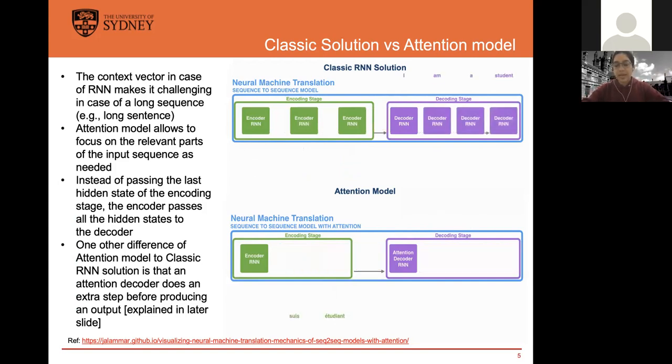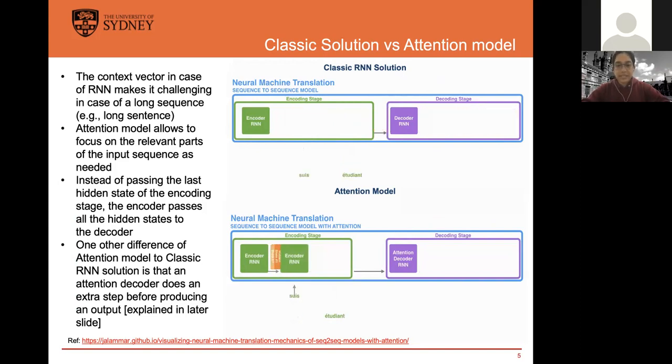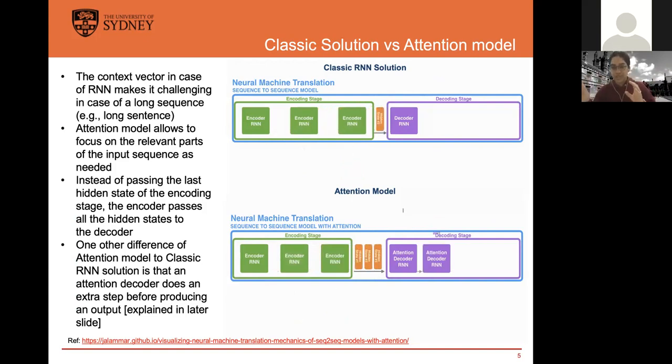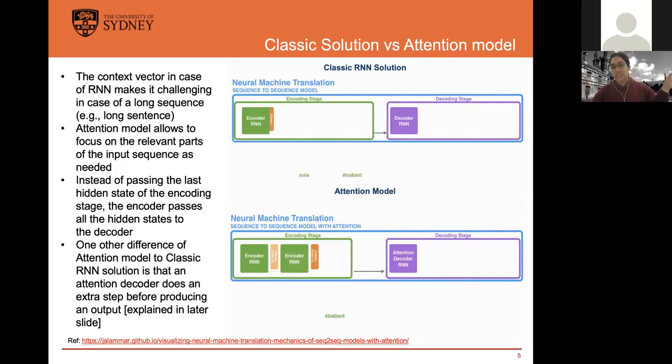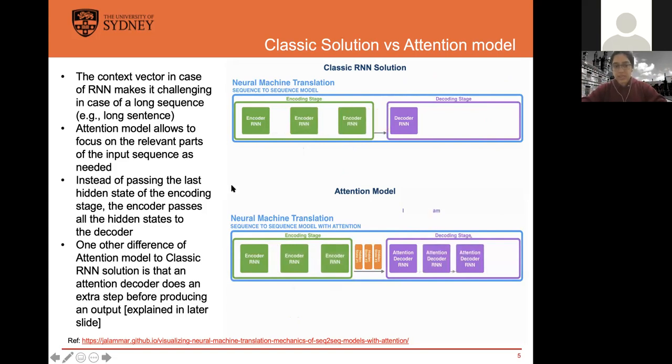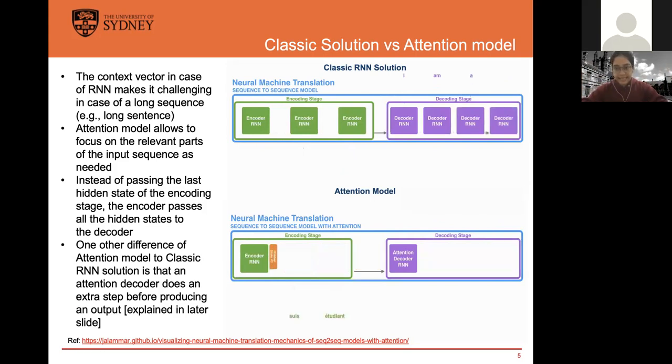I won't go into detail on how an RNN works, but we know that it starts with one word and goes sequentially. So when you have a large sequence, it is very difficult to keep the context of the initial word intact. In that case, the attention model allows us to focus on the relevant part of the input sequence. Again, I'll discuss the mechanism in detail in later slides.